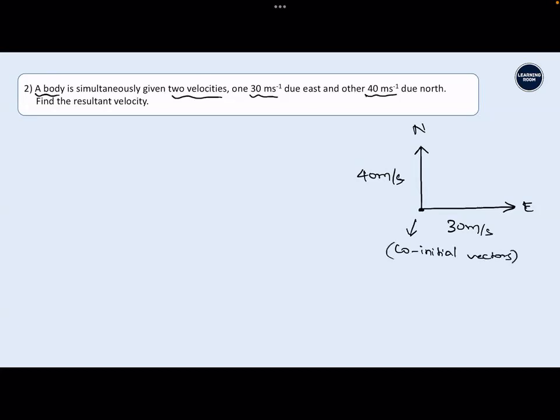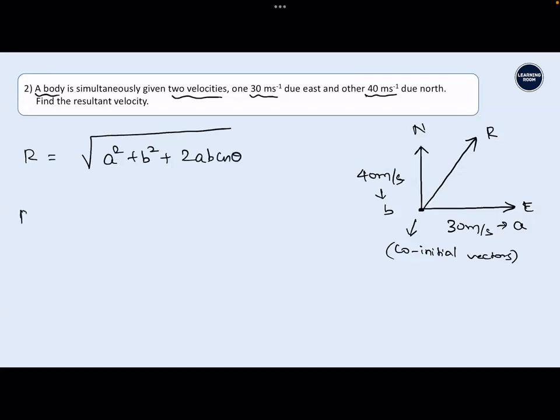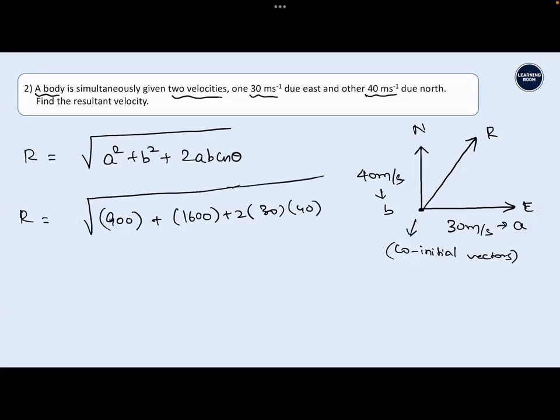Whenever you have co-initial vectors, the first thing you do is apply the parallelogram law of vectors. So the resultant R will be equal to the square root of A squared plus B squared plus 2AB cos theta, if I call the vectors A and B. So R is equal to the root of 900 plus 1600 plus 2 into A into B into cos of 90 degrees, because that is the angle between both the vectors.